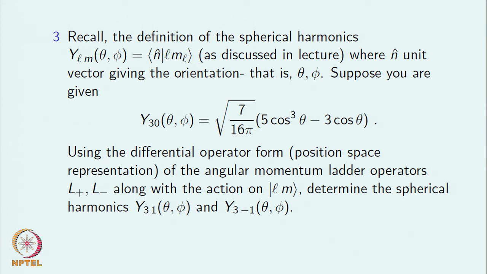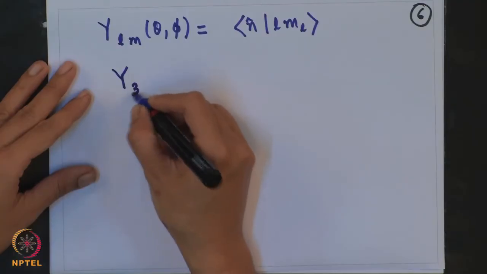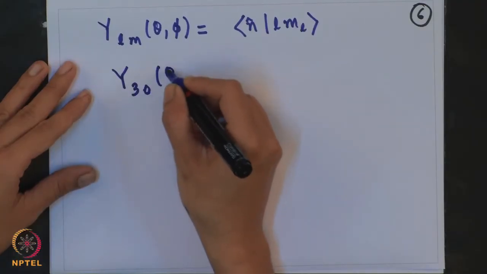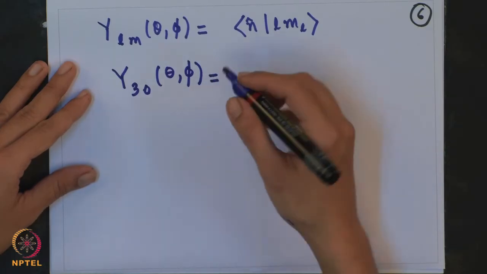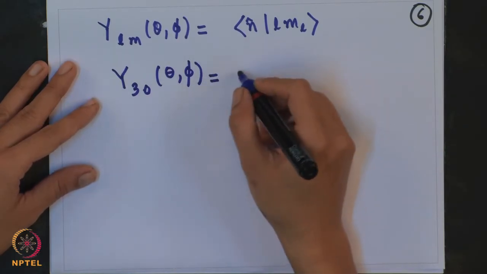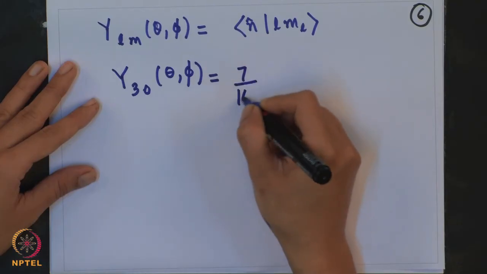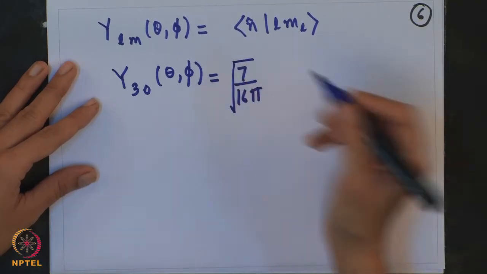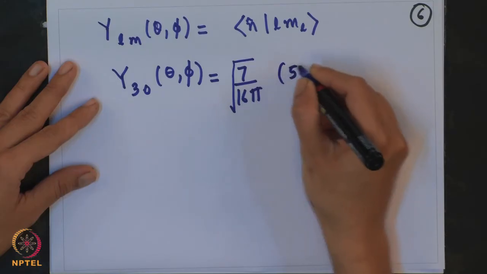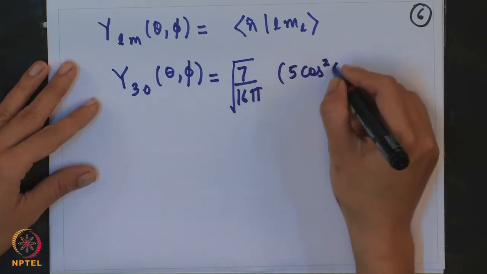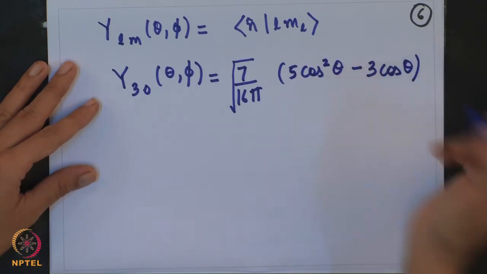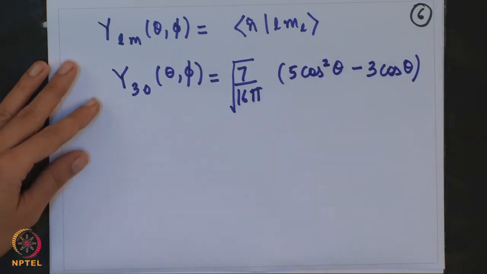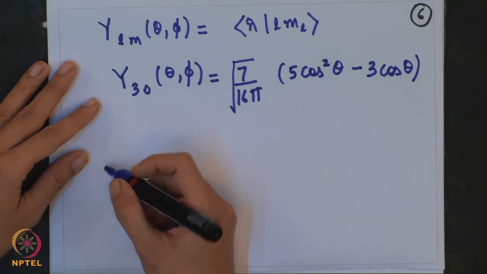What you are given is y30 as square root of 7 by 16 pi times 5 cos cube theta minus 3 cos theta. This is given and you have to use the ladder operator.